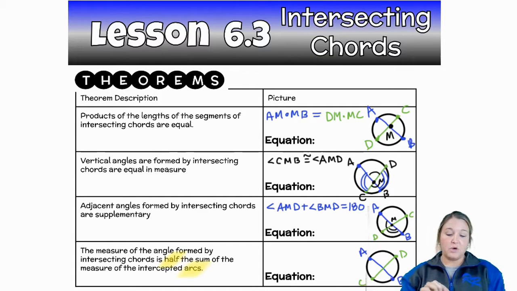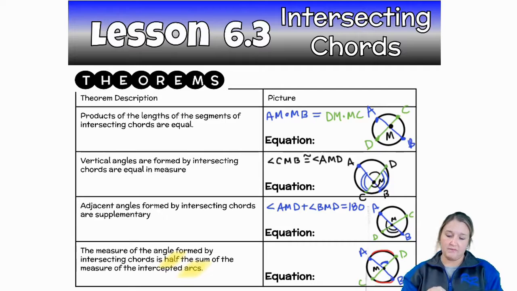Okay. So basically, this angle right here, so they meet at M, is going to be equal to this arc length plus this arc length divided by 2. That's half of it. Okay.